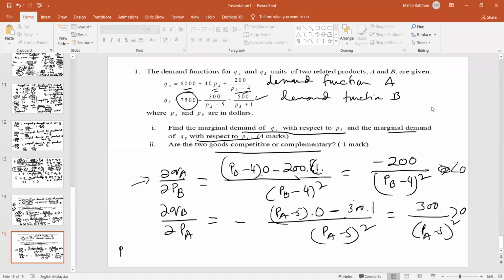Here, what do you mean by PB is increased? The quantity of product B, since it is negative, will be decreased.